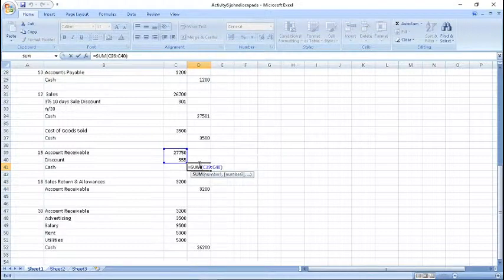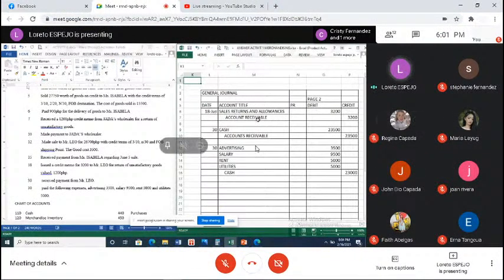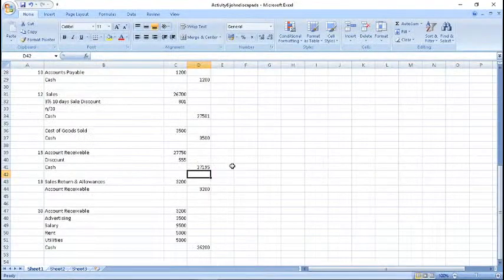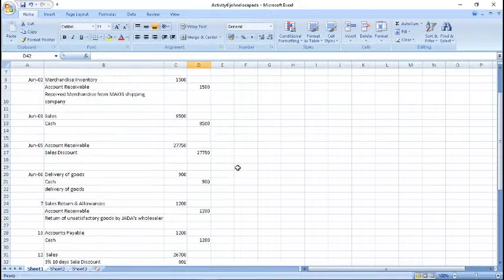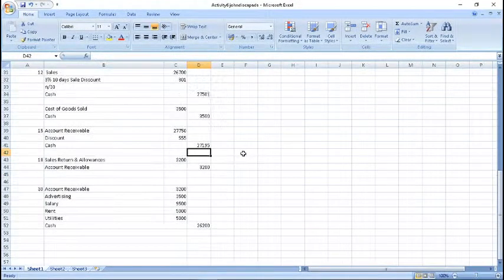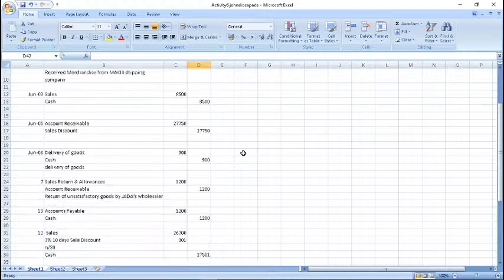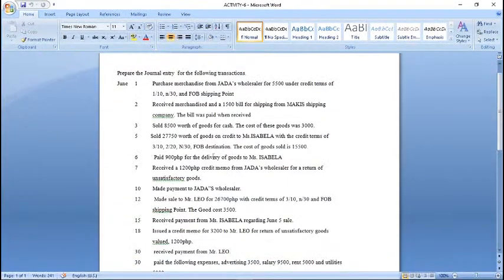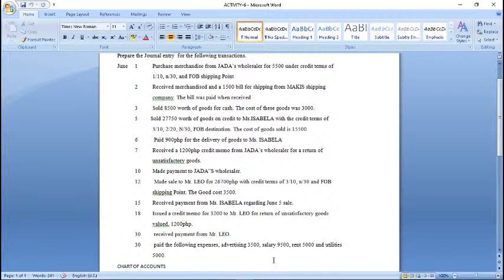So debit sales returns and allowances 3,200, ang i-credit mo kung ano yung binayad niya. Kung cash customer, credit cash, re-refund yun. Pero kung account siya, so debit sales returns and allowances, credit accounts receivable 3,200.